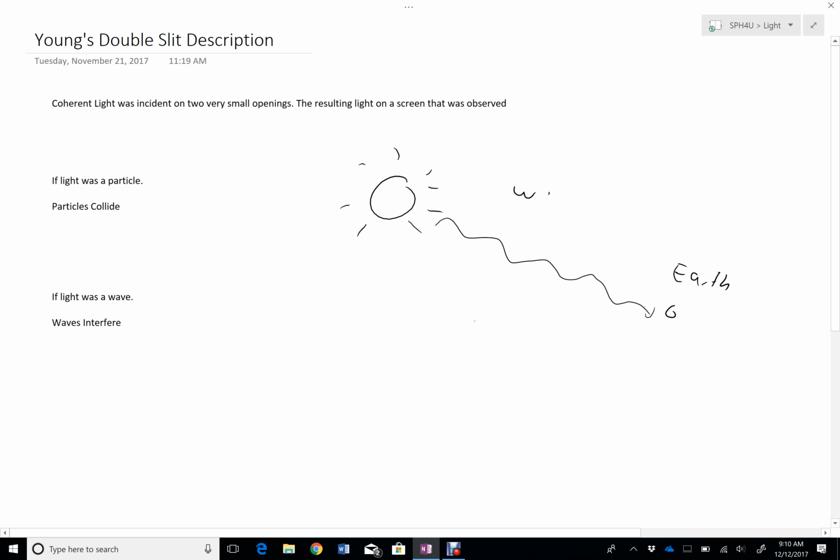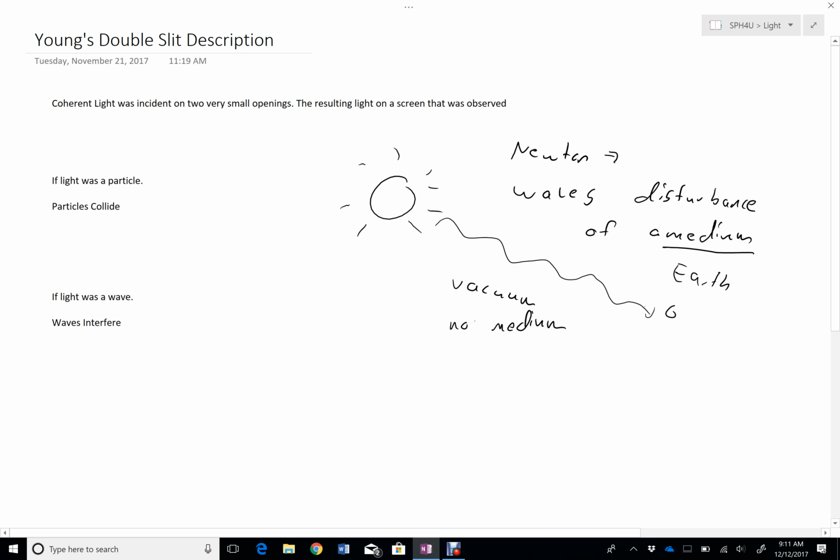Now waves, since they're a disturbance in a medium, need some sort of medium to conduct them from one location to another. And since space is a vacuum, there's no medium. So light getting to us through the vacuum of space just would be impossible if it was a wave. It needs some sort of medium. So that's the second reason why Newton thought light was a particle.